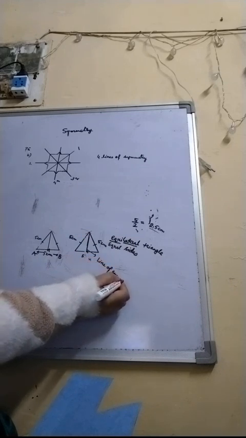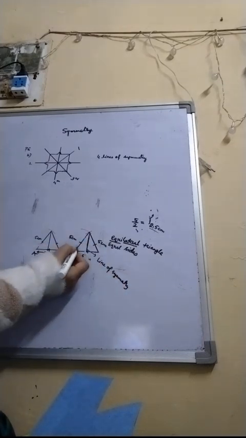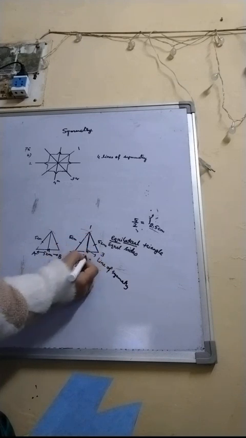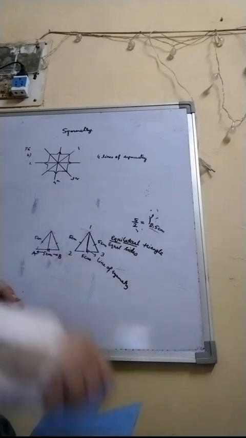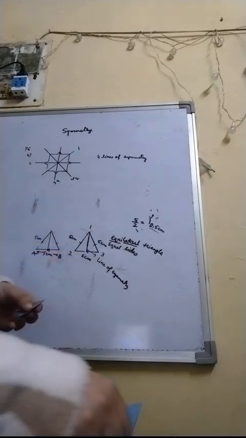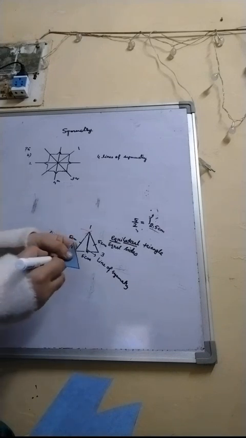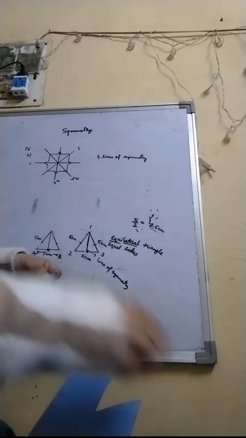If you fold it along the second corner. So this is the first corner, this is the second corner, this is the third corner. So if you fold it along the second corner, then also you would get the line of symmetry.